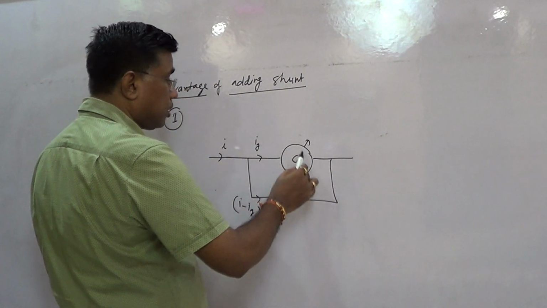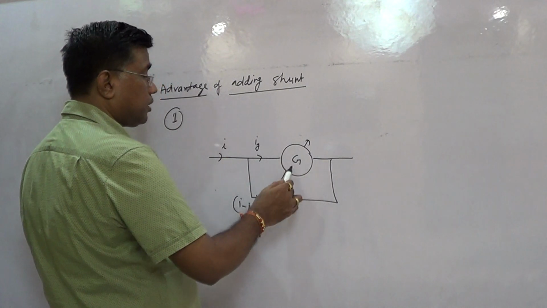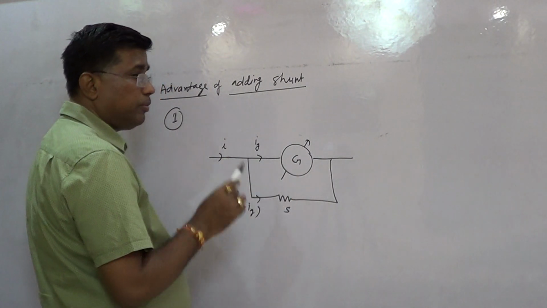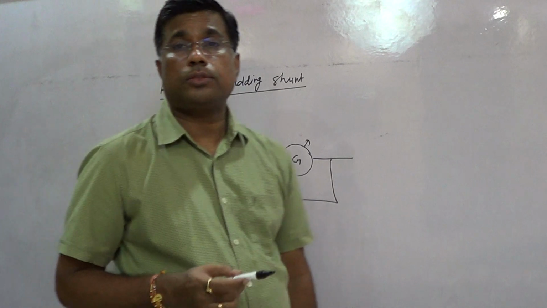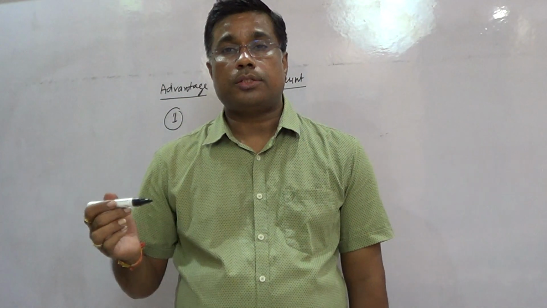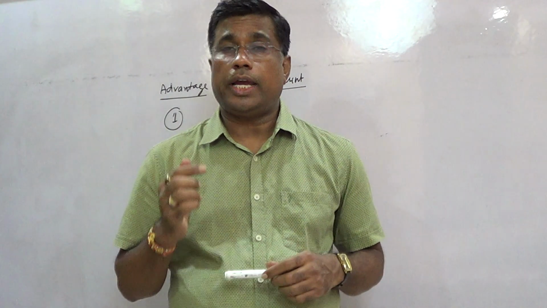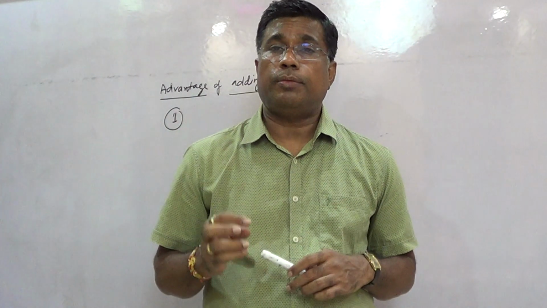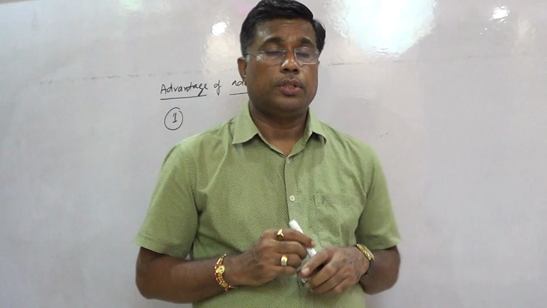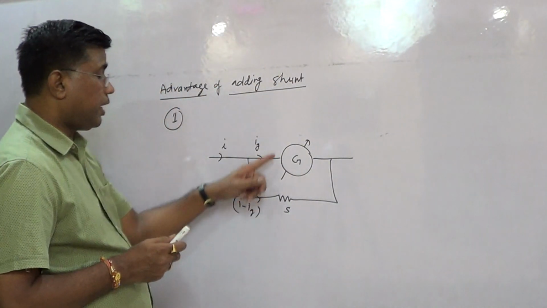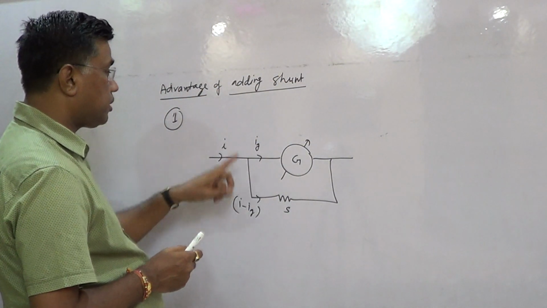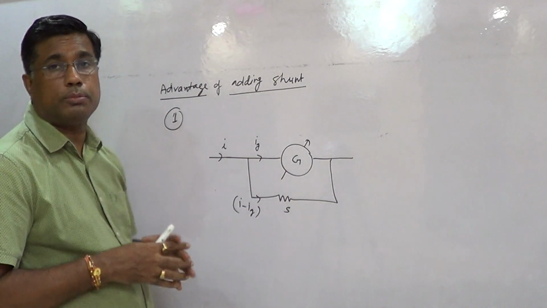So the coil inside the galvanometer will be safe. Otherwise, student, if we pass whole current through the galvanometer, it may be possible that due to excess heat, the coil of the galvanometer may burn. So adding of shunt parallel to the galvanometer prevents galvanometer coil from its burning.